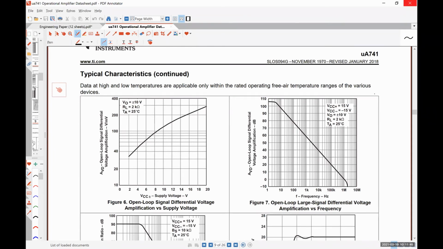Sorry, I had to do the math there for a minute. So we have an open loop gain of a little bit more than 100,000 on this guy. I think the data sheet probably says it's somewhere around 200,000 actually.